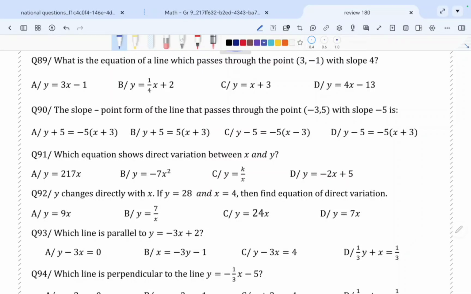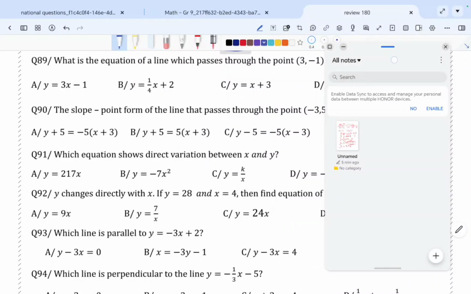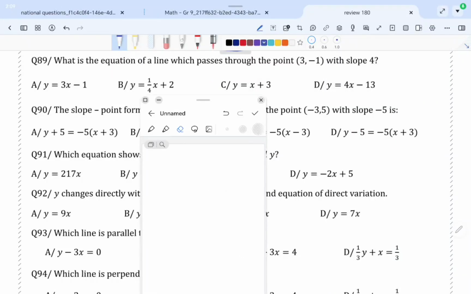Question 89. What is the equation of a line which passes through the point (3, negative 1) with slope 4? Okay, let's see how we can solve it. The point is (3, negative 1) and the slope equals 4.